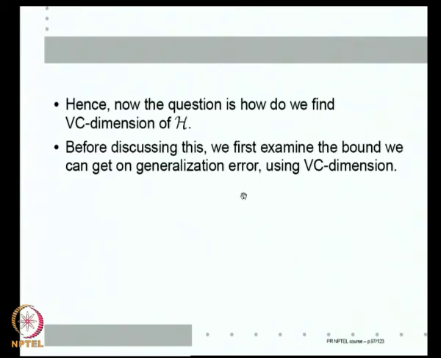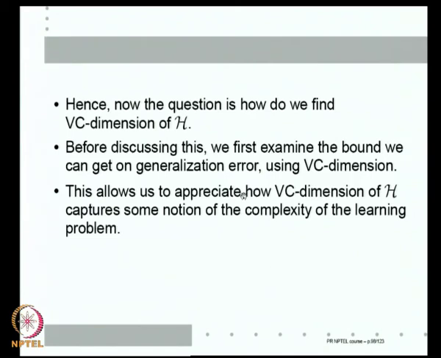VC dimension not only tells us whether or not the needed uniform convergence holds, and hence whether or not empirical risk minimization is effective. It will also give us, as we shall see, some idea of the complexity of the learning problem. How complex is it to learn a particular H?